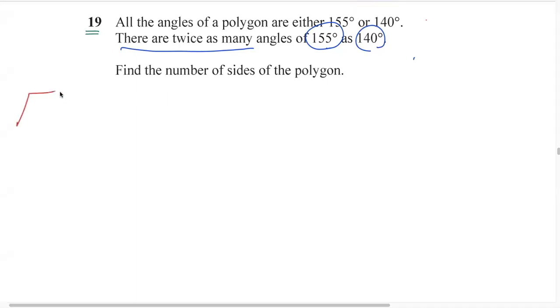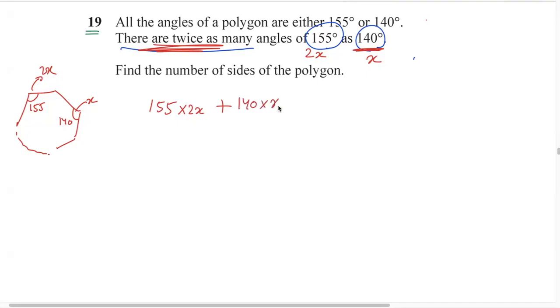If I consider the same diagram with an unknown number of sides, we have these angles, which are 155 or 140. And what I know is the 155s are twice as many as the 140s. So if I say these are x angles, these should be 2x. So the sum of interior angles would be 155 times 2x plus 140 times x.